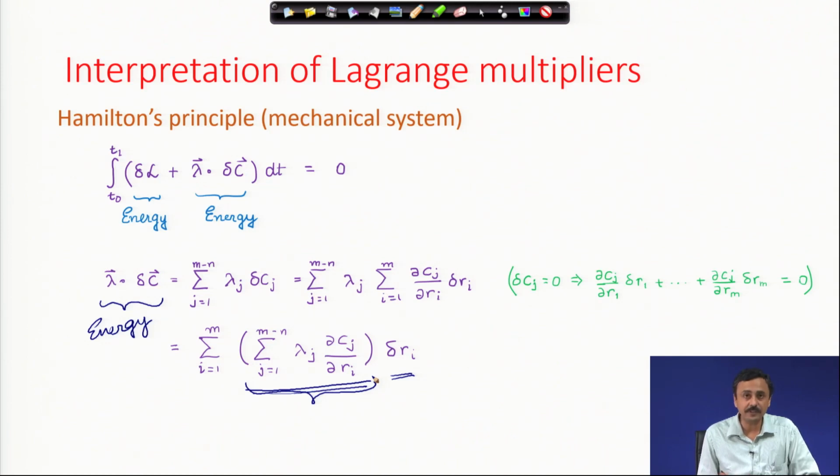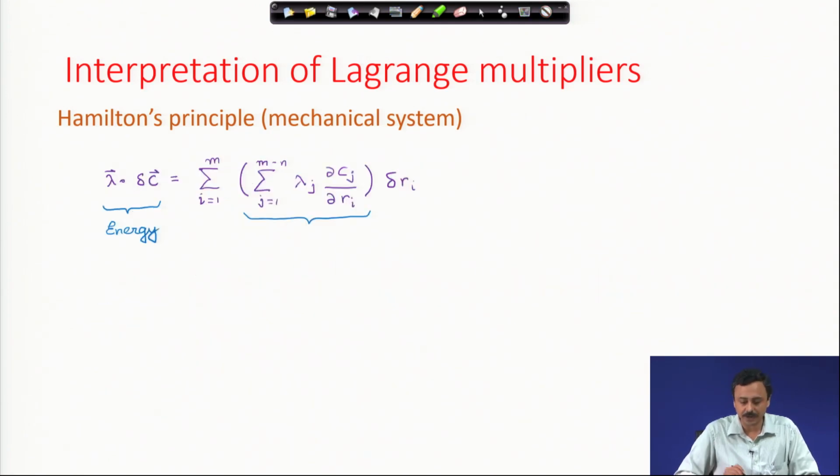If it is a linear displacement, then the bracketed quantity must be force, to make lambda dot delta C have dimensions of energy or work. If delta R i is an angular displacement variation, then the bracketed quantity must be moment. So this is how we can easily interpret it.